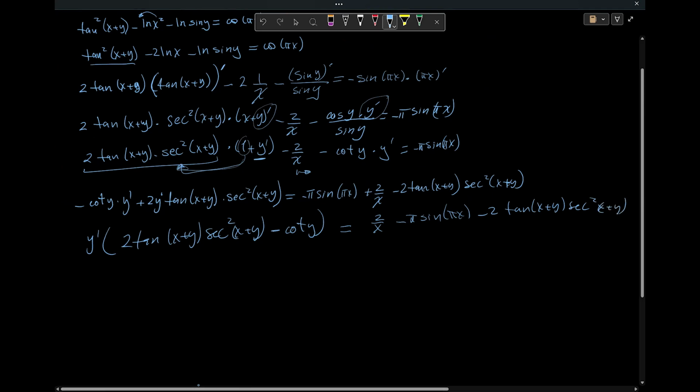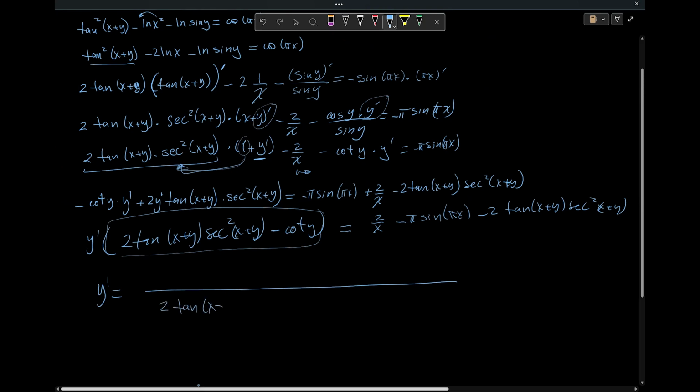And now I divide both sides by this to isolate y prime. So here's y prime: on the bottom, 2 tangent of (x plus y) secant squared of (x plus y) minus cotangent y.